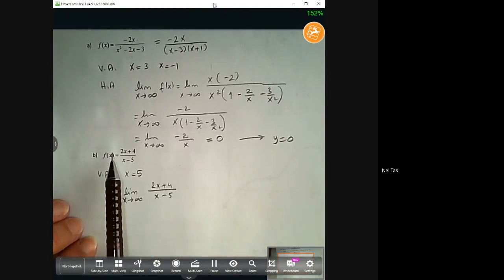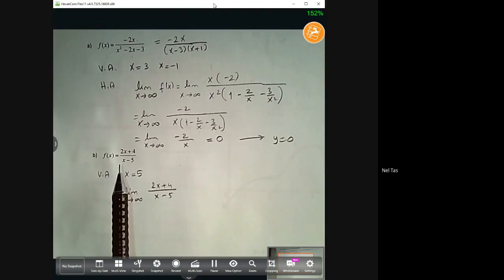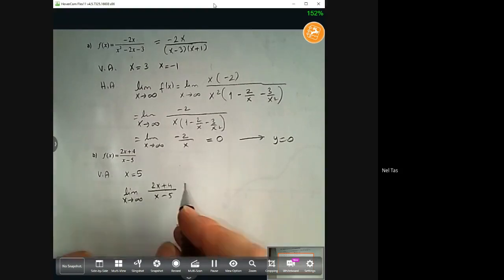You already know what the horizontal asymptote is here using the shortcut from advanced functions. The degree of the numerator is the same as the degree of the denominator, so take the ratio of the leading coefficients. 2 over 1 gives you 2. So you already know that y equals 2 is the horizontal asymptote. But now we are going to do the same thing using the limit, and we are going to get the same result.